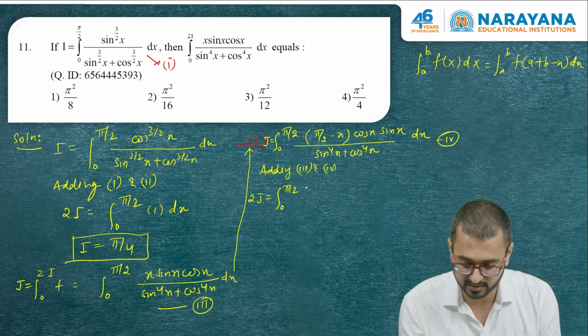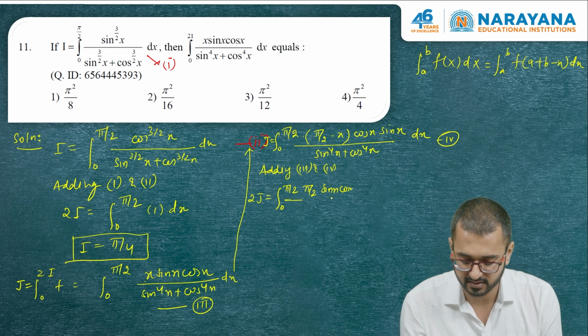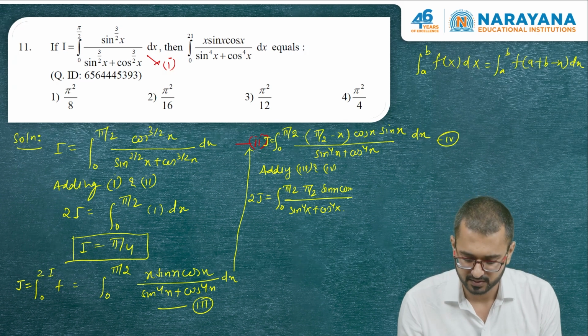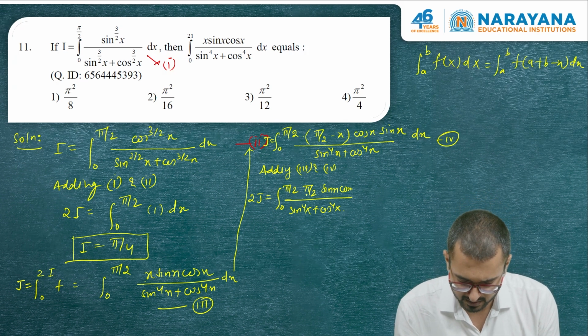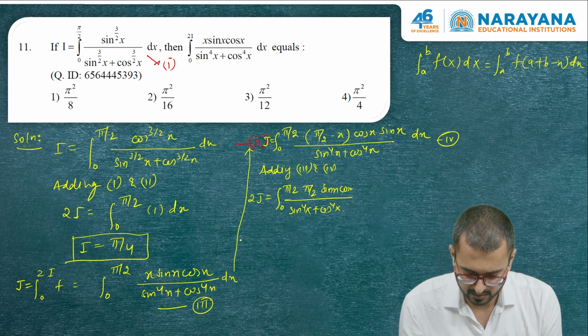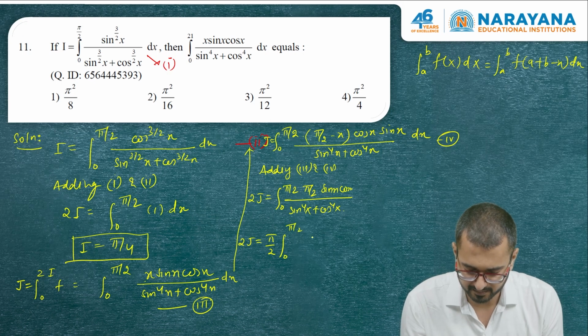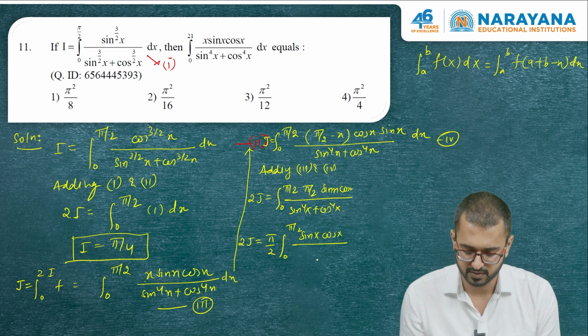So only it survives: pi by 2 sin x cos x upon sin 4 plus cos 4. This survives. So we can now simply write down, this is pi by 2 and pi by 2 will be out. So 2J is equal to pi by 2 will be here completely, and then 0 to pi by 2 I have here, and then sin x cos x over sin 4 plus cos 4.